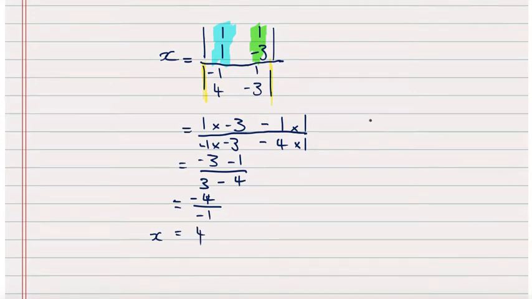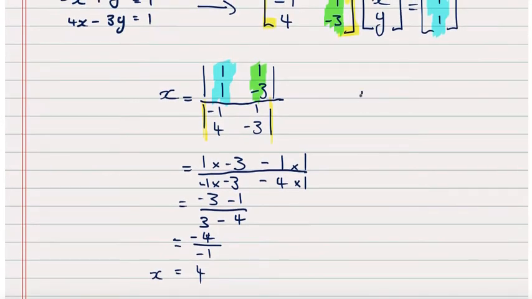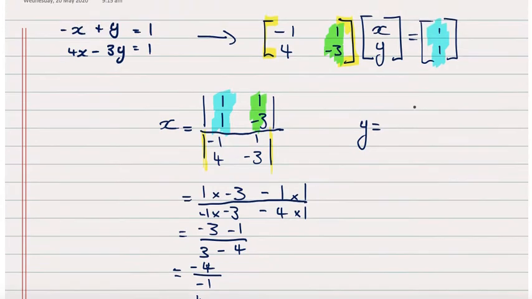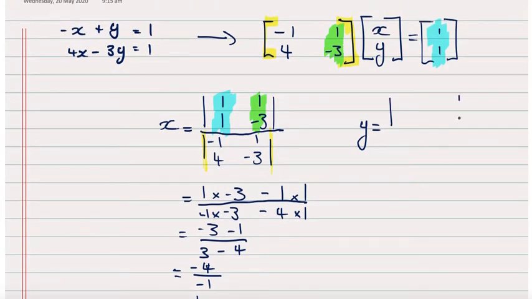Now calculating our value for y, we're going to do the same process, but with a little bit of a change. Rather than having this matrix up top again, we're going to grab the coefficients of x and throw them in here, and we're going to get our constants on the right, in where the coefficients of y were in this matrix up here.